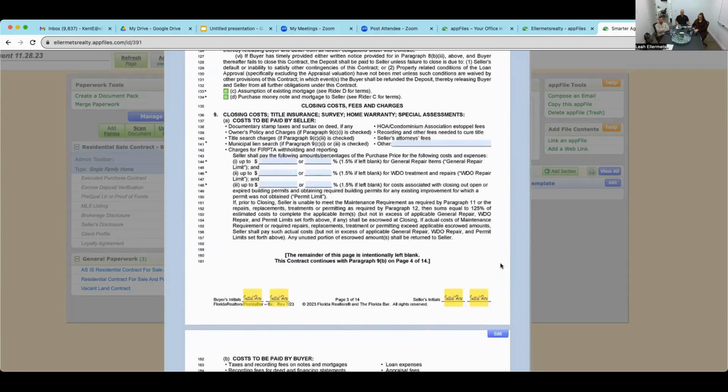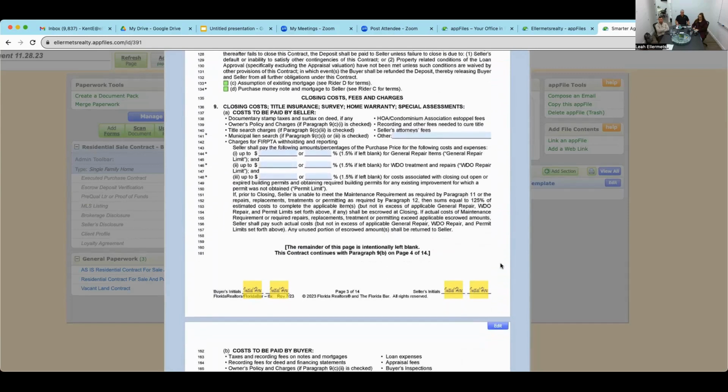Okay, so as we roll into right here, this section is tremendous, and it's a huge advantage to a seller on a new home, because a buyer can't just walk away based on their sole discretion.